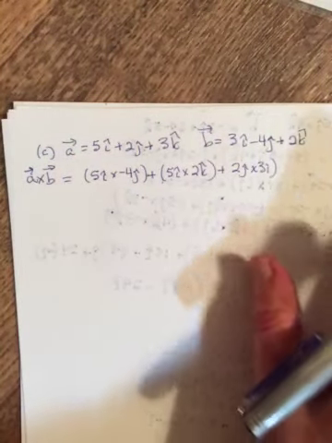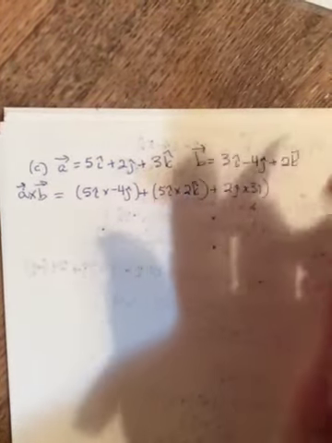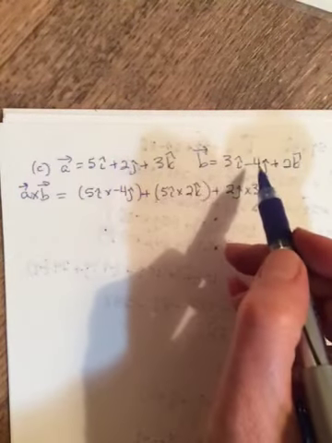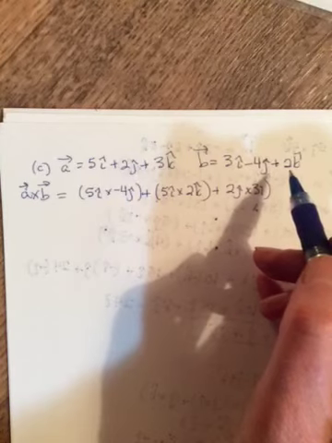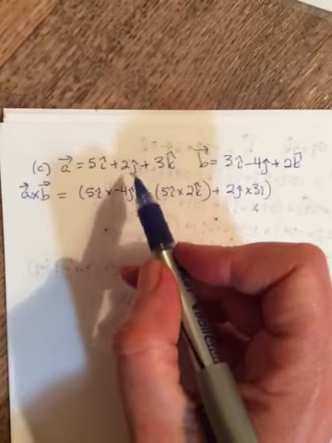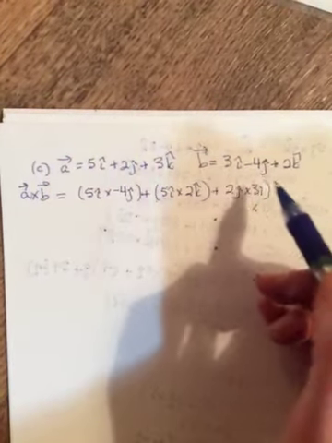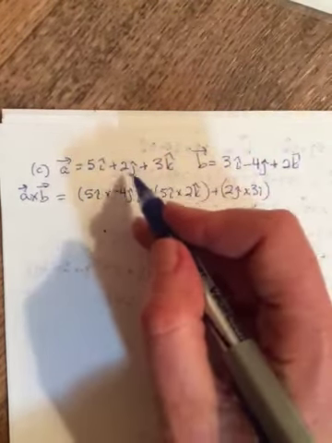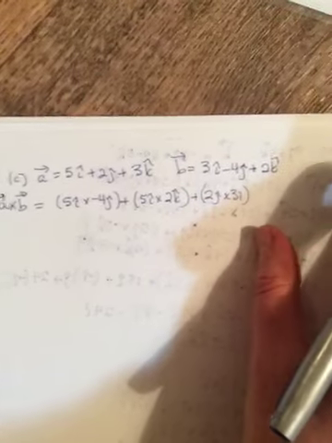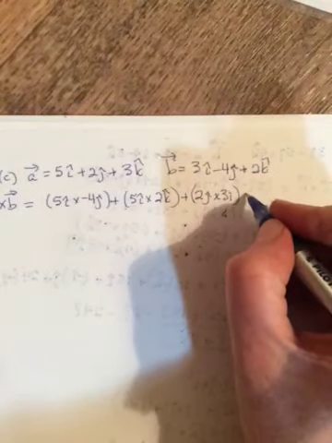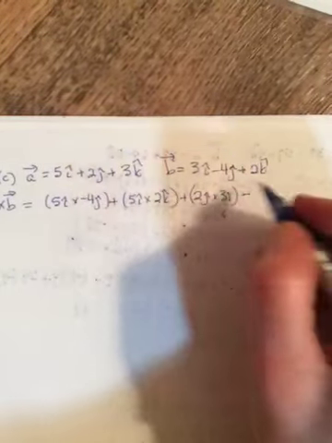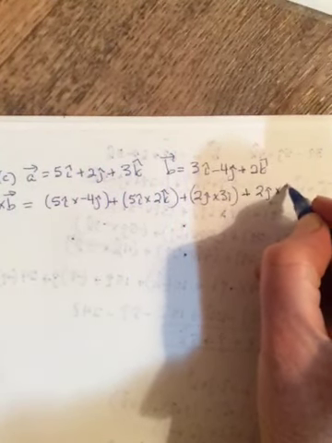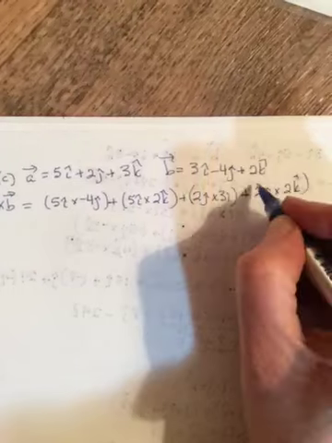Okay, so finishing number 5C. I had multiplied the i term by the j and the k in vector b, multiplied the 2j term by the 3i term, and so now the 2j times negative 4j will just go to 0, so I'm going to save my ink and not write that one down, but then it'll be 2j cross 2k.